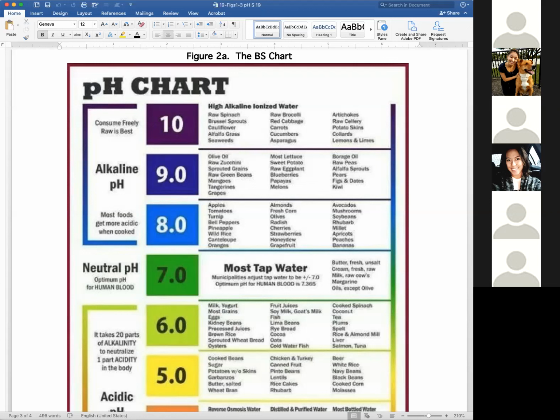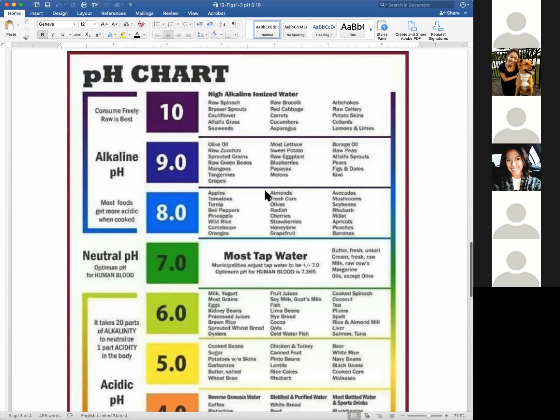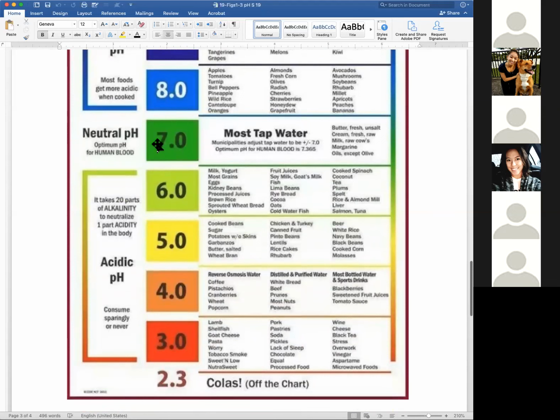And if you look at this high alkaline food chart, I'm sorry, these are not alkaline. These are acidic foods, but they don't care. High alkaline ionized water. So here they have most tap water, so that's correct. Now they're getting to the acidic part, so this stuff I could believe.